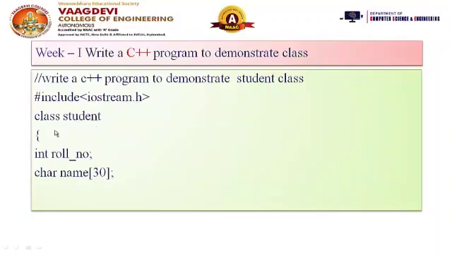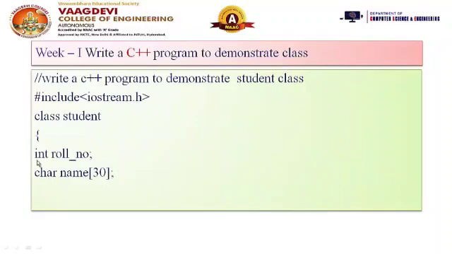This is a declaration for a class named student. The body of the class is enclosed within the braces and it is terminated by a semicolon. Whatever comes inside the starting and ending curly bracket will be considered a part of the class.